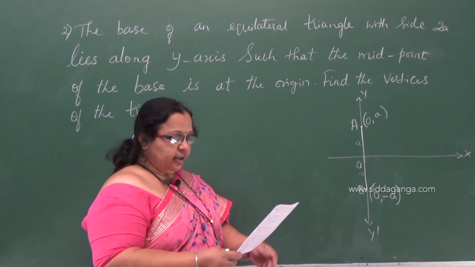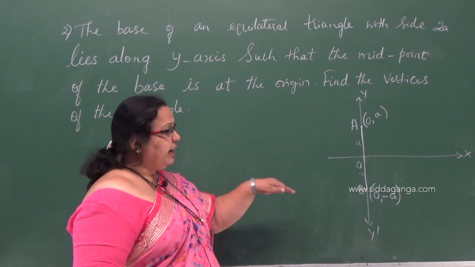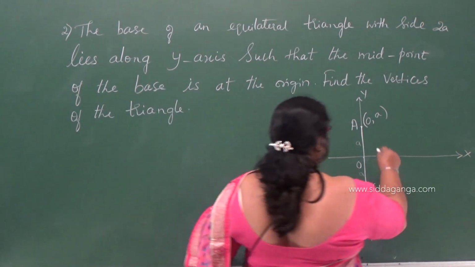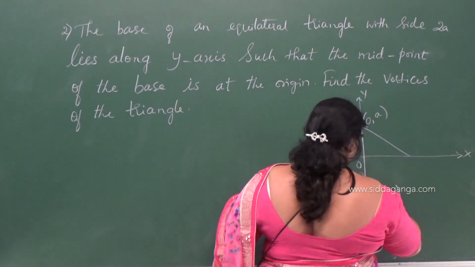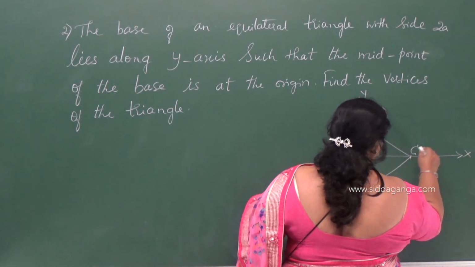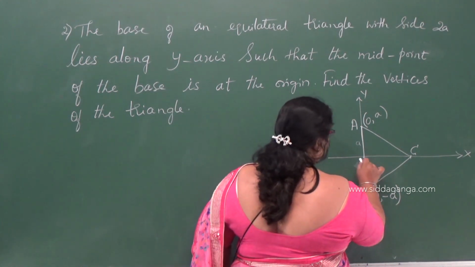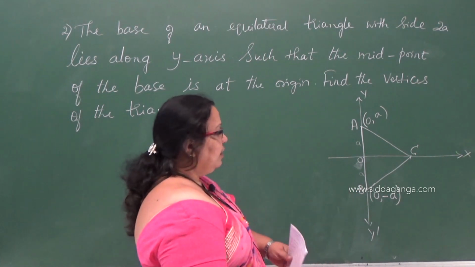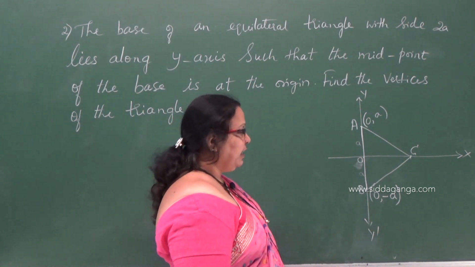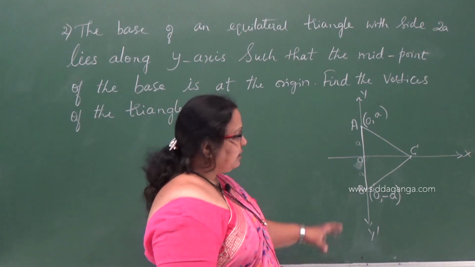We have to find the vertices of the triangle. So you take C as the third vertex. Now the distance between, you can use any one of the properties and we can find C. Suppose C lies on the x-axis automatically.